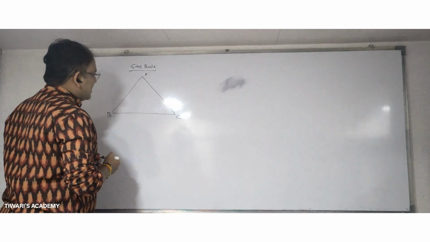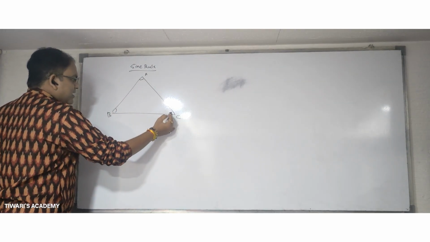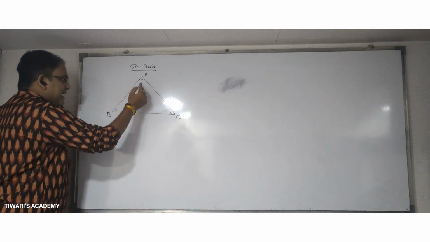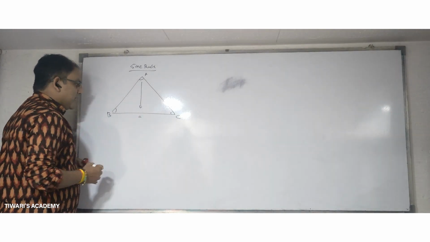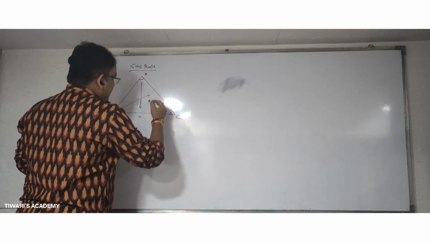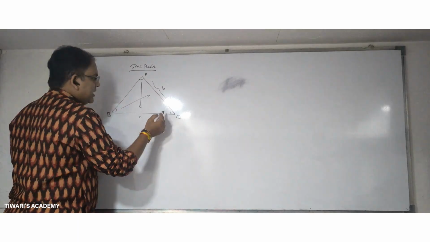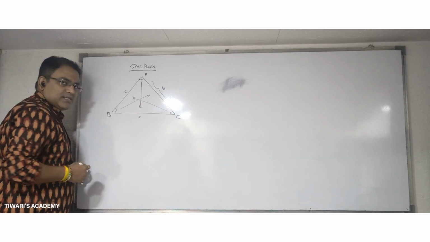And I am naming the vertices ABC. So this is angle A, angle B and angle C. Now I am naming the side exactly opposite to angle A as small a, the side opposite to angle B as small b, and the side opposite to C as small c.